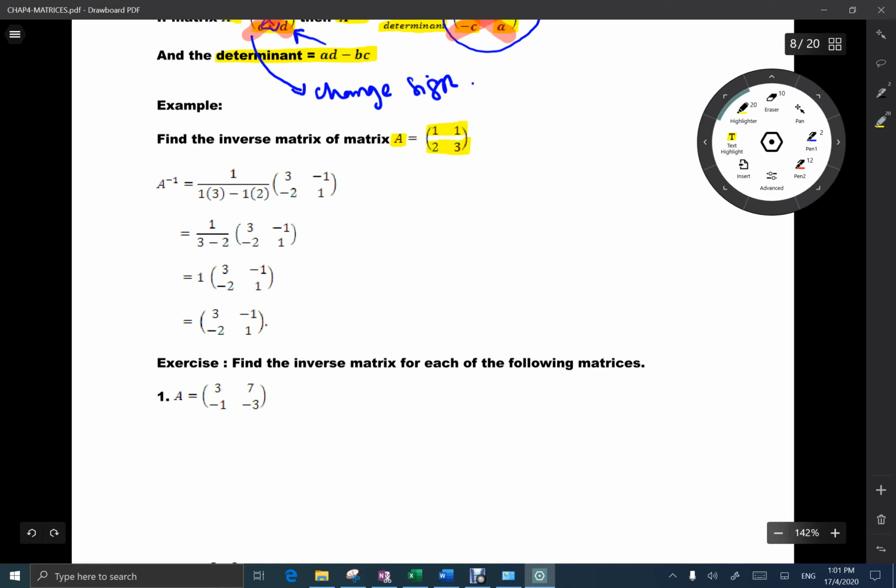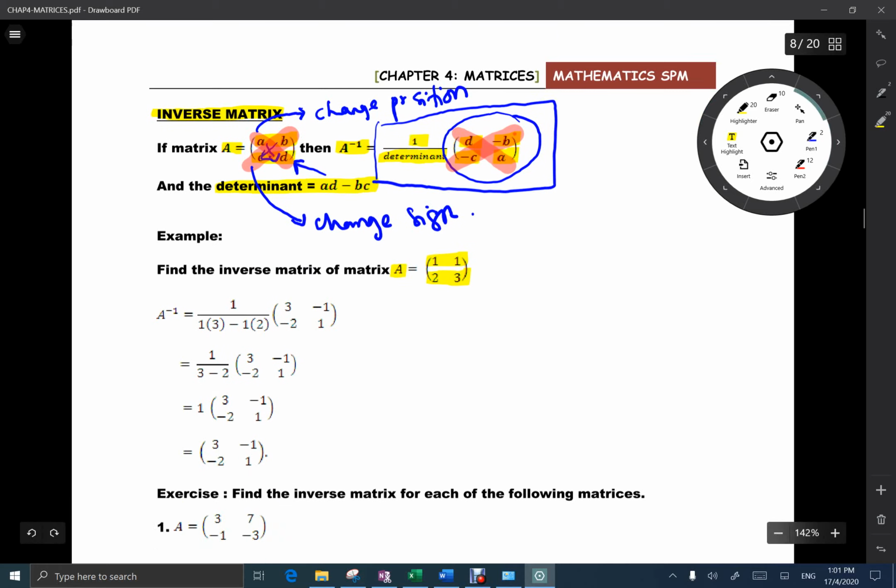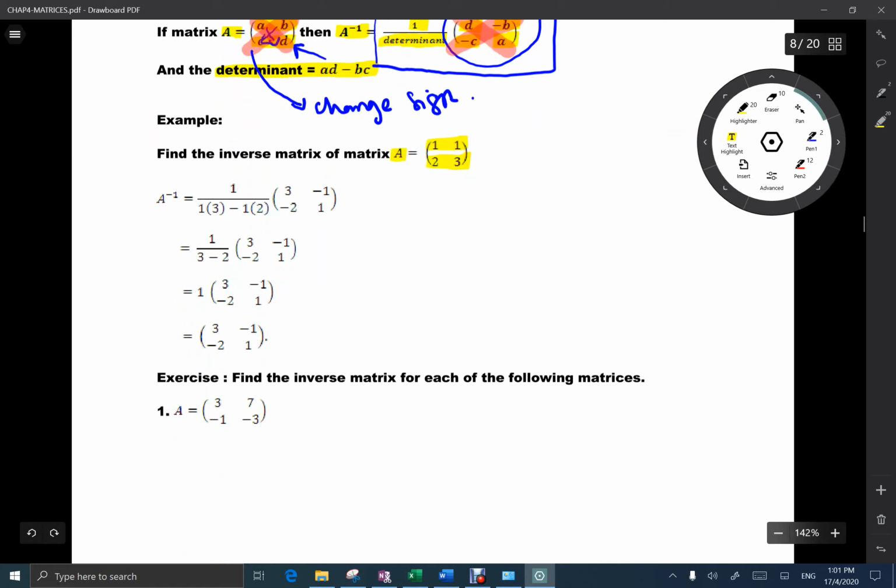So, again, what is the formula to find inverse? Okay, the formula is 1 over determinant D, negative B, negative C, and A. Okay, now, so find A inverse. 1 over determinant.